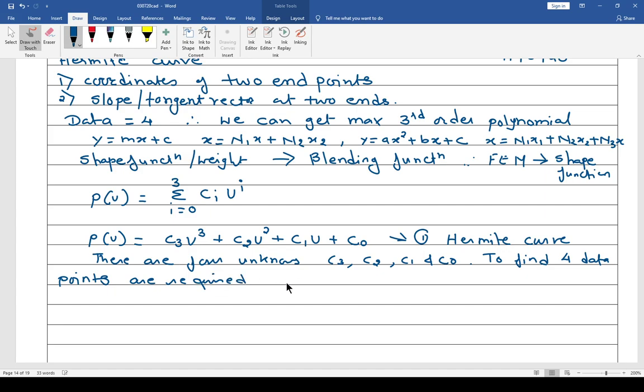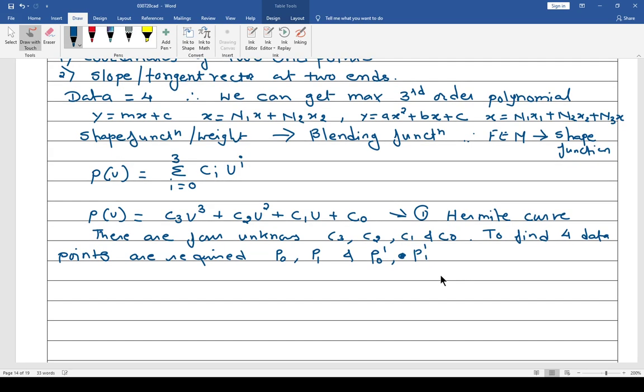Okay, and now in case of the Hermite curve, we know the coordinates of the start point, we know the coordinates of the end point, and at the same time we know the tangent vector at the start point and the tangent vector at the end point.